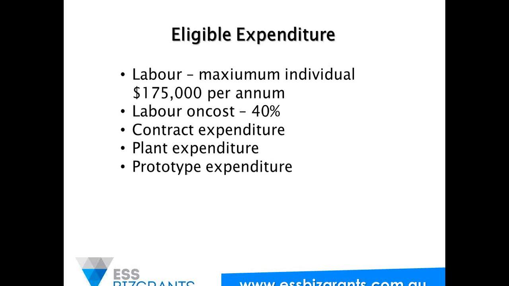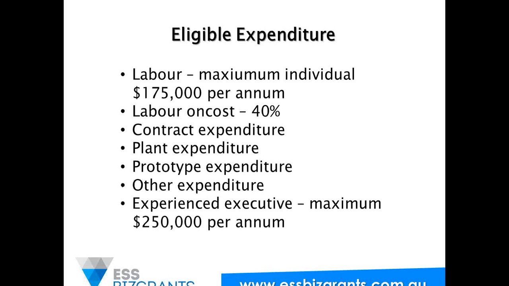Prototype expenditure. If there's subsequent work required on the prototypes, this program will look at paying for that. There's a whole range of items which would fit under the category other expenditure. You can hire an experienced executive as part of this program to a maximum of $250,000 per annum.